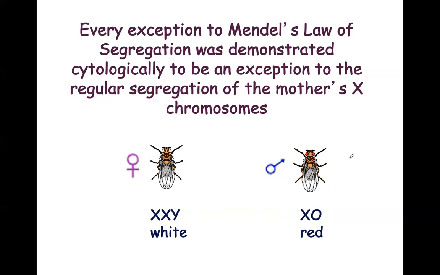And when they took cells from these flies and looked underneath the microscope, they noticed that the sex chromosomes were abnormal. Remember, these flies were supposed to be impossible, but then you look inside the cells, and these combinations of sex chromosomes shouldn't look like this because there's 3 of them, or 1, but not 2.